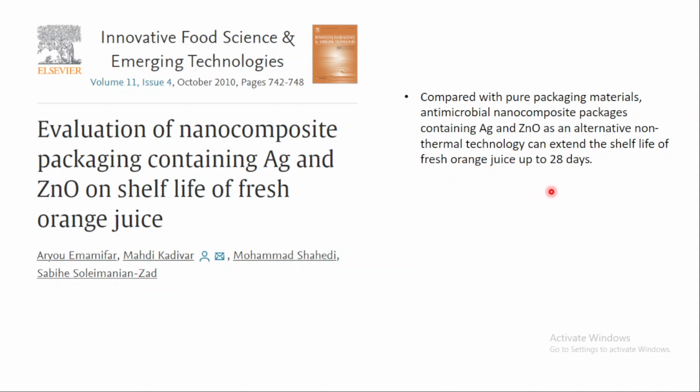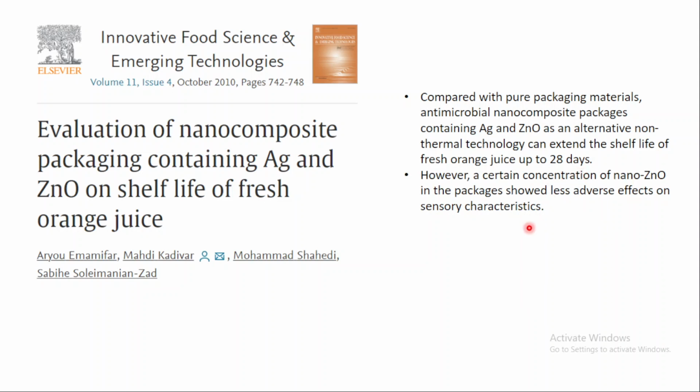So you can store the same orange juice for more than a month now with the help of Ag and ZnO packaging. However, a certain concentration of nano ZnO in the packages showed less adverse effects on the sensory characteristics. Sensory characteristics means the taste or sensory perception of the orange juice.